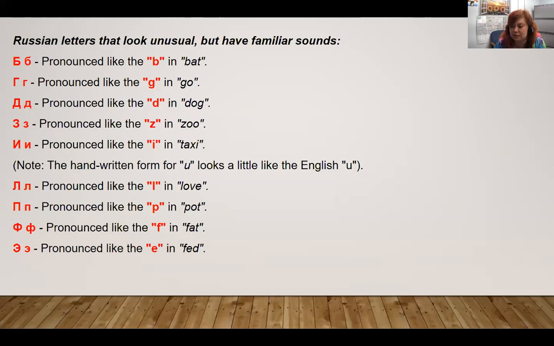We have a completely different letter for that. This one, the first one, B, like B in bed. G, like G in go. D, pronounced like D in dog. Z, like Z in zoo.